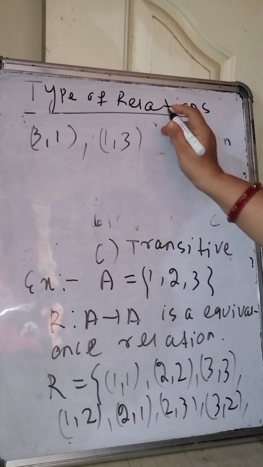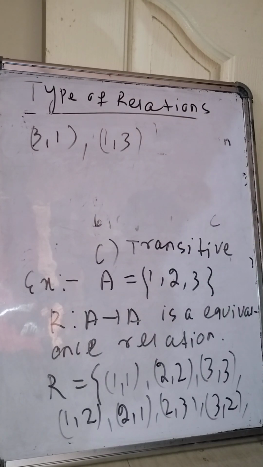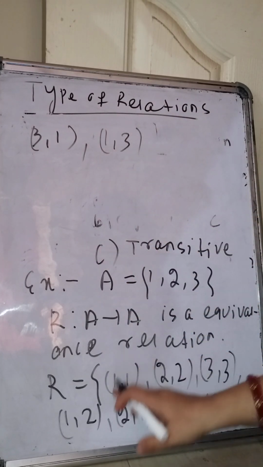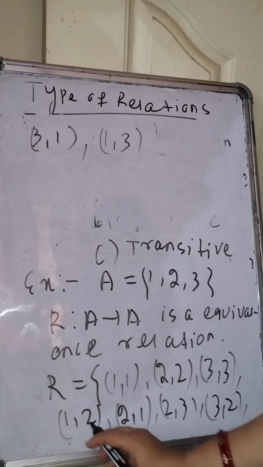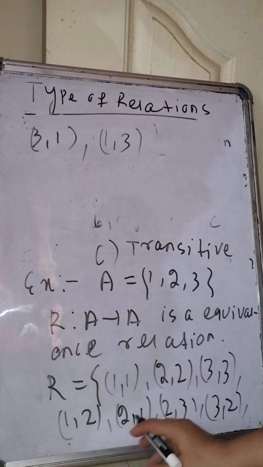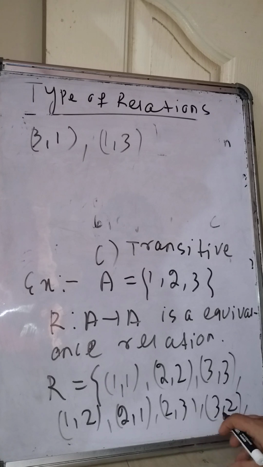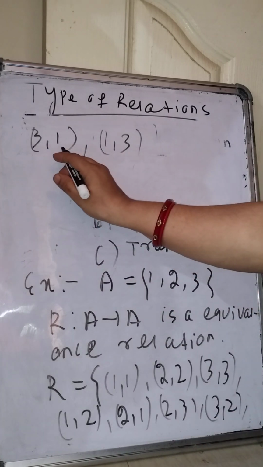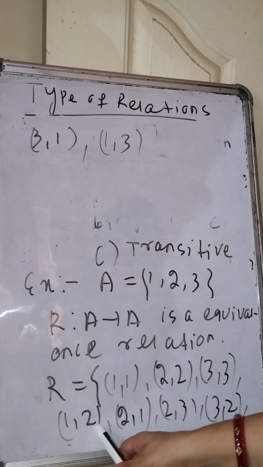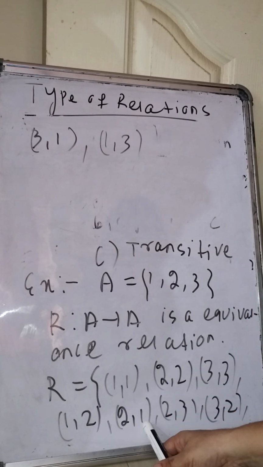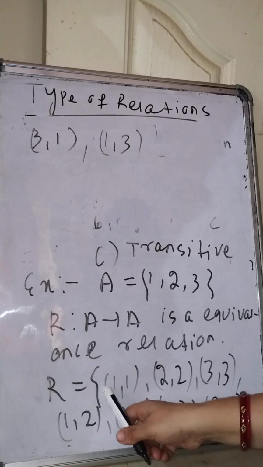Now based on this, let us check whether it is satisfying the reflexive, symmetric and transitive relations. Reflexive is satisfied: (1, 1), (2, 2), (3, 3). Symmetric: (1, 2) present means (2, 1) present, (2, 3) present means (3, 2) present, and similarly (3, 1) present means (1, 3) present, so symmetric is satisfied. Now for the transitive case, (1, 2) present and (2, 1) present, so (1, 1) must be present, and here it is.